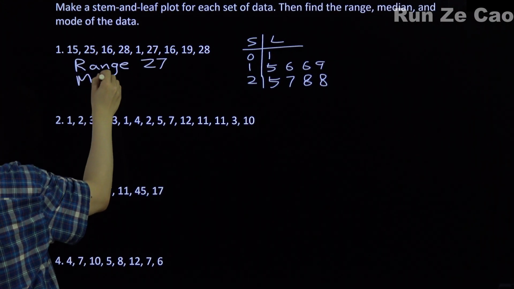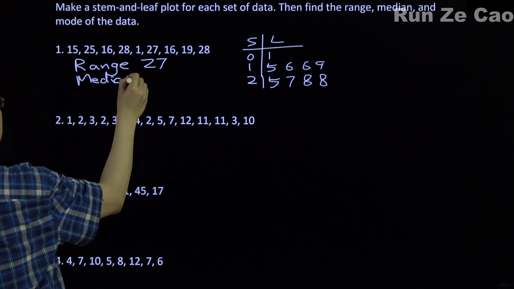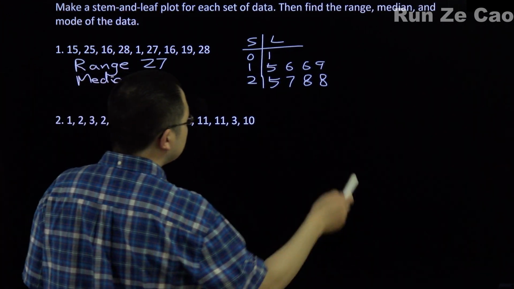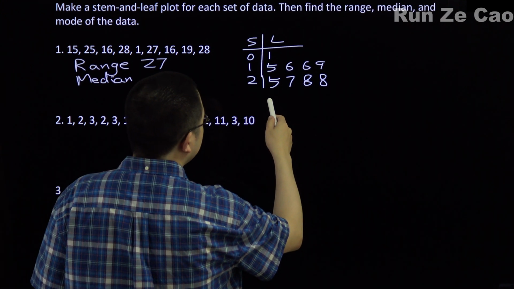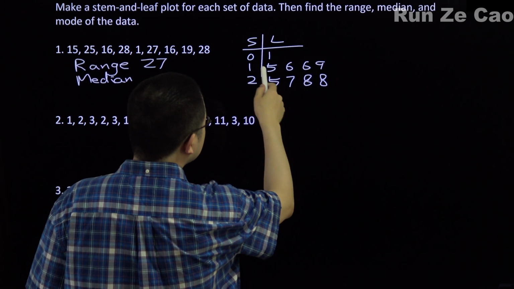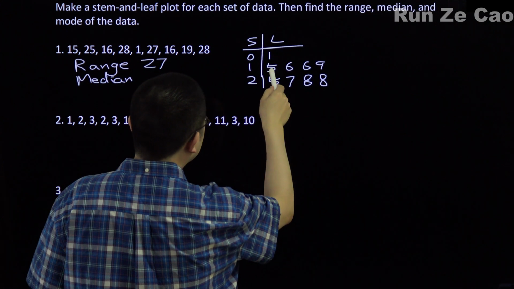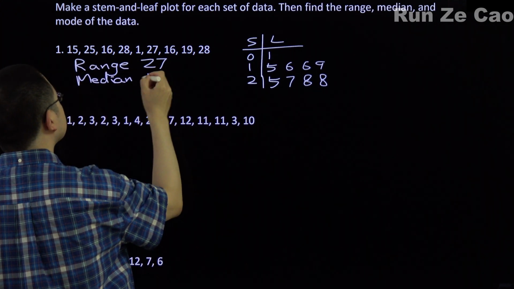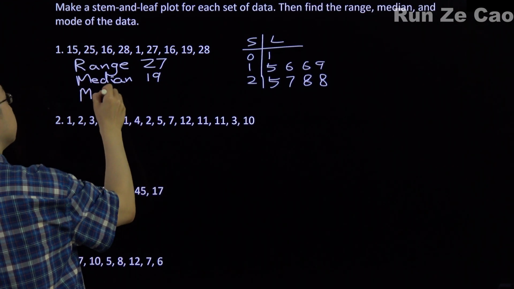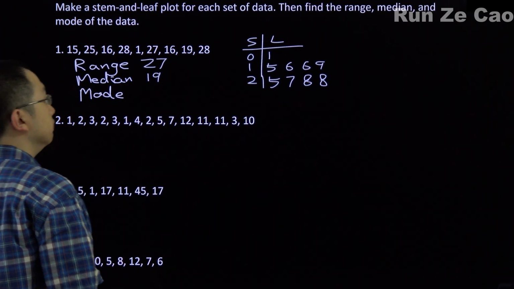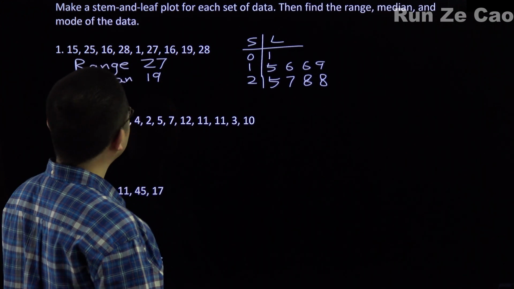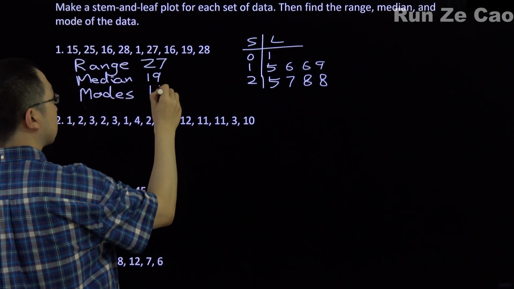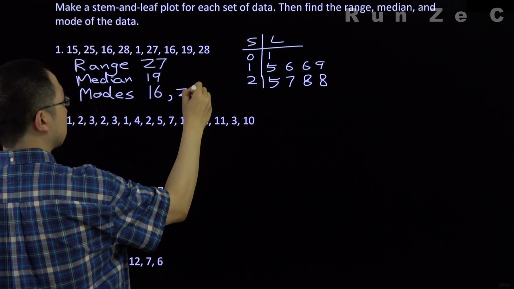Median is going to be the 5th number because there are 9 numbers. So that's 19. And mode: well, there are 2 16s and there are also 2 28s. So modes 16 and 28.